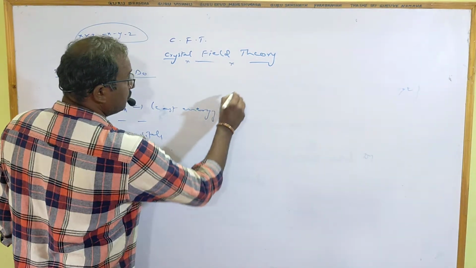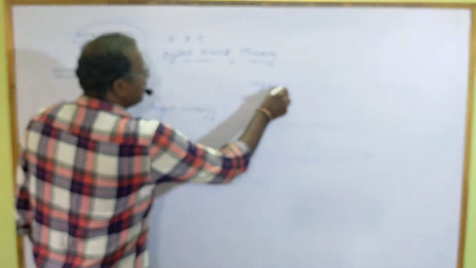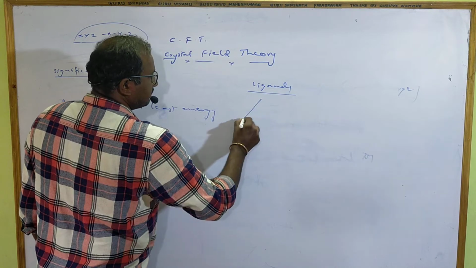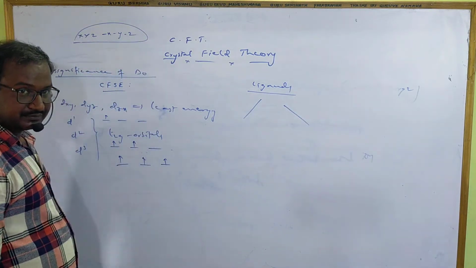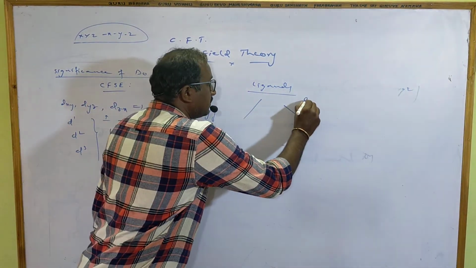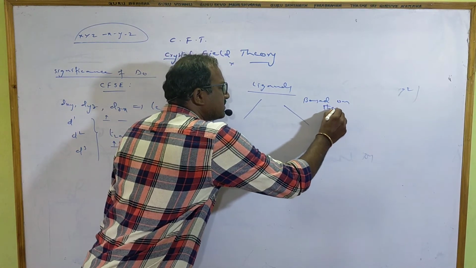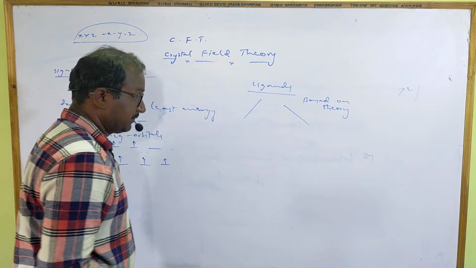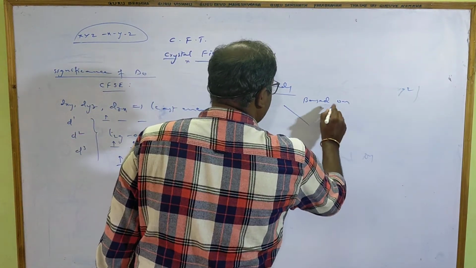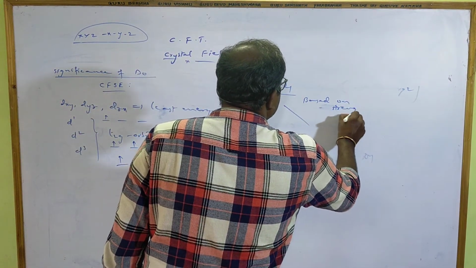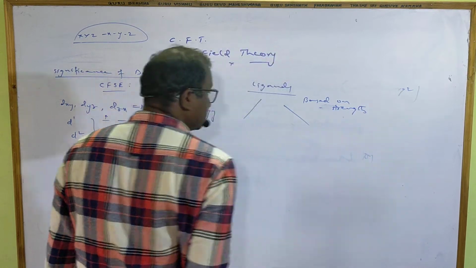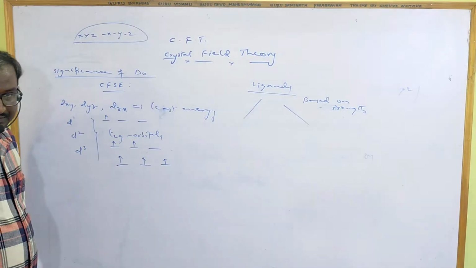One more thing you should know. The ligands are 2 types based on their strength. It was there in crystal field theory. I am writing the theory. Based on their strength, ligands are 2 types.